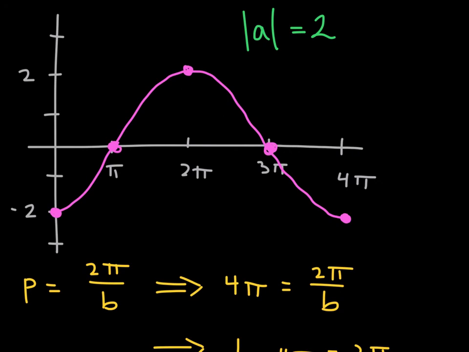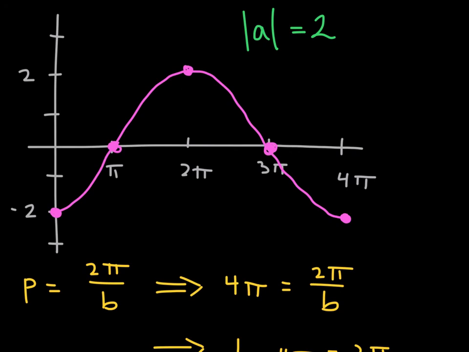The reason why I'm thinking of cosine is because sine usually begins at the origin, and this is not beginning at the origin. But cosine usually starts at (0, 1) and then goes down. But here it's starting at (0, -2) and it's going up. And I think the reason why is because of a reflection. So there must be a reflection.